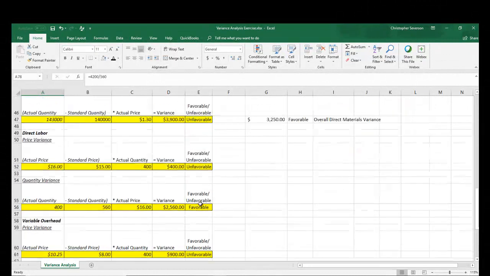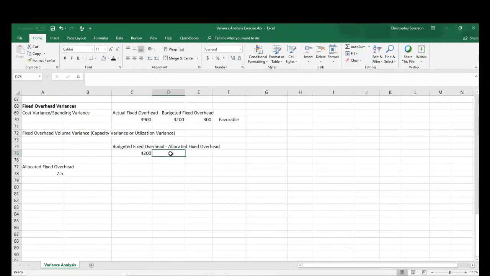That was 400. So 7.50 multiplied by 400 gives us $3,000 allocated. So we had budgeted 4,200, but we actually only allocated 3,000.